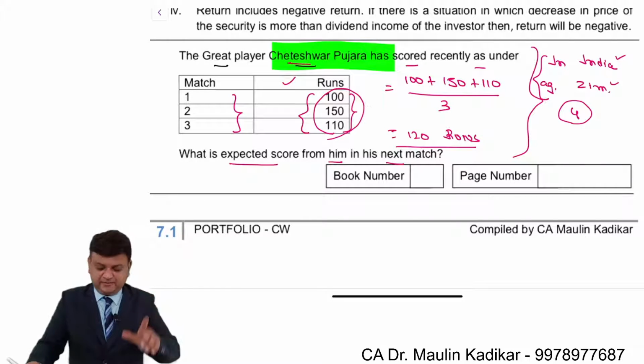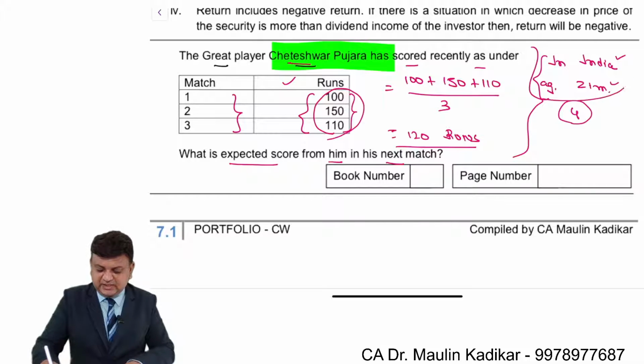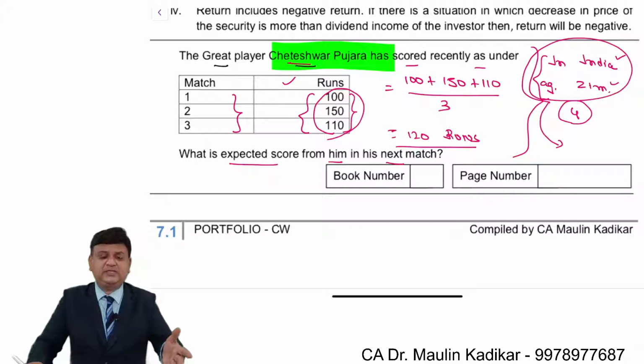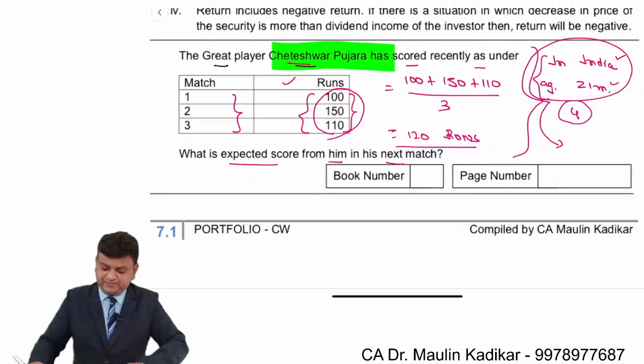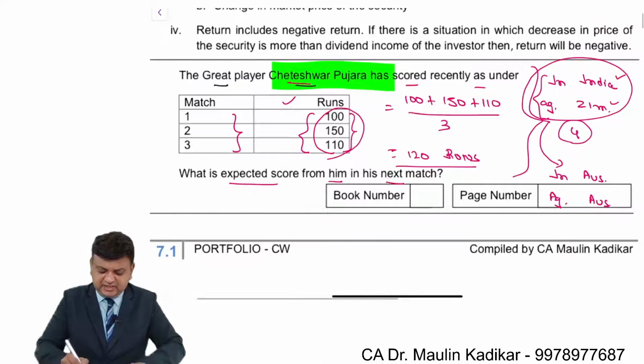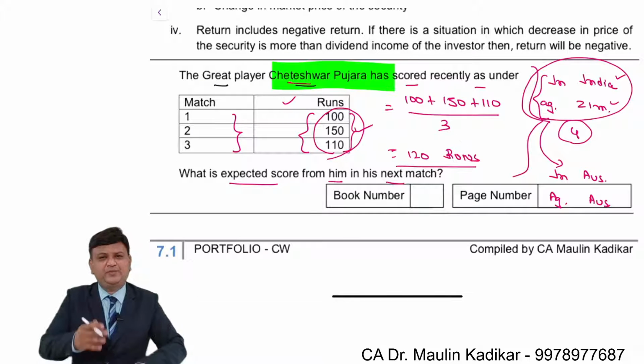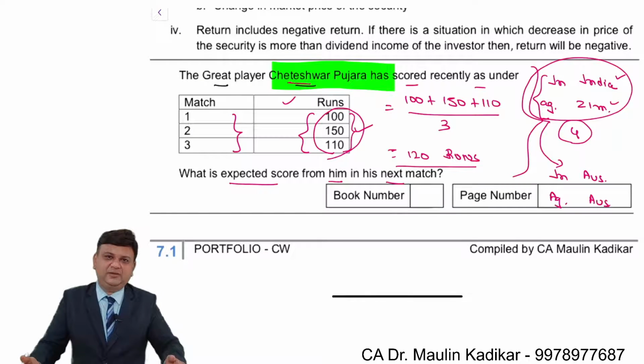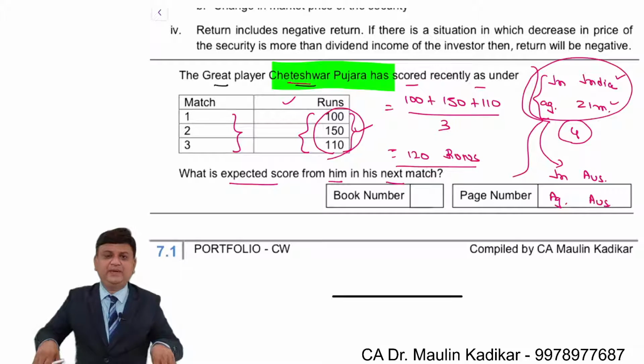Suppose instead the recent matches were like this, and the next match that he is going to play is, let us say, in Australia against Australia. Then in that case, taking this past as a base for predicting the future is not possible. Why? Because the recent matches were in a playing condition different from the playing condition in Australia.